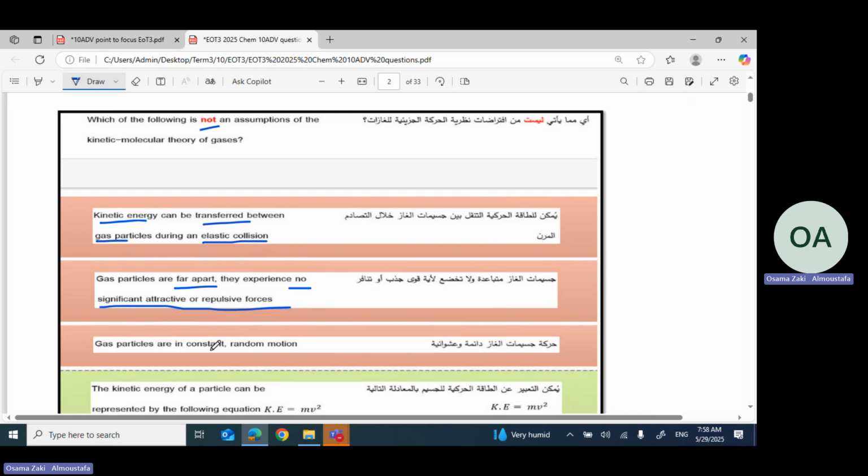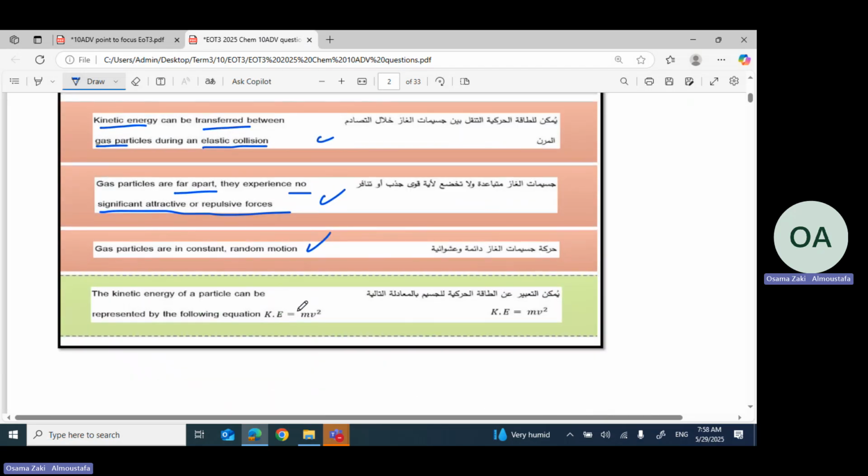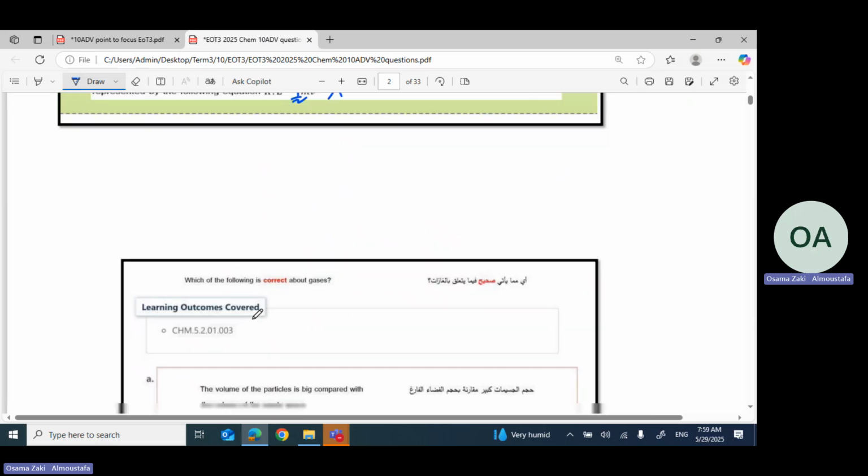Gas particles are in constant random motion, so they are correct. But we are looking for the incorrect one. So here, look at this formula. KE equals 1 over 2 mv squared. But the 1 over 2 should be here. So this is not correct.